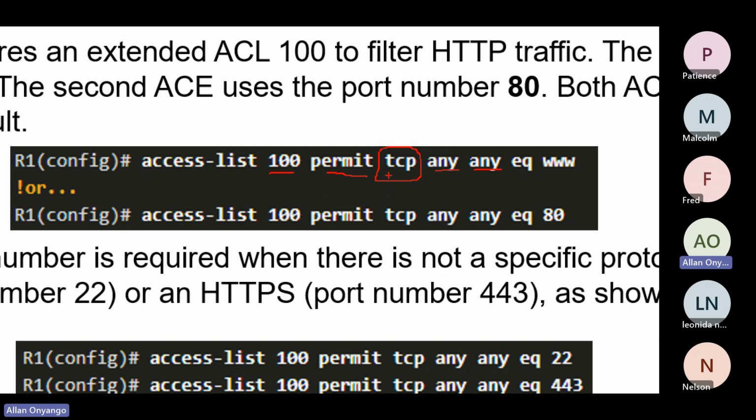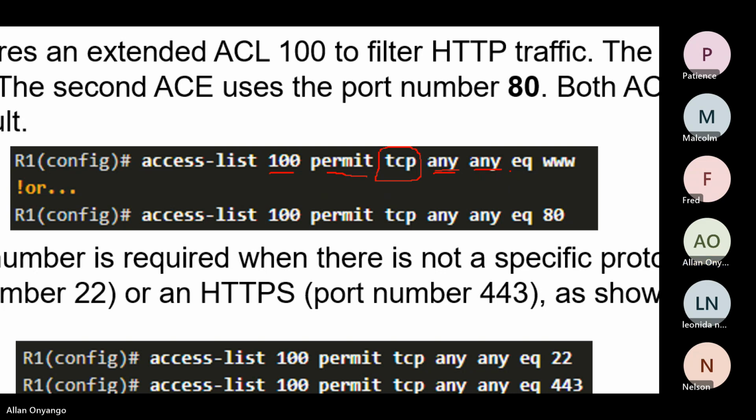And we don't want to permit all TCP traffic because we have so many protocols under TCP. One, we want to state the source, which can be a host IP address, using the word host and you put the IP, or it could be a network address and a wildcard mask as the source. The destination can also be a host device, one device IP address, or it can also be a network address and a wildcard mask.